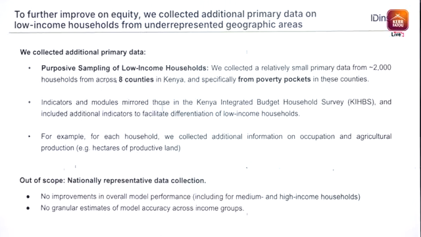Additional information that we collected was around occupational status, what type of work is being done in the household, in what types of sectors, whether informal laborers, subsistence agriculture, wage employment on somebody else's field, or work on own property, own land. That's the combination around agriculture and production.